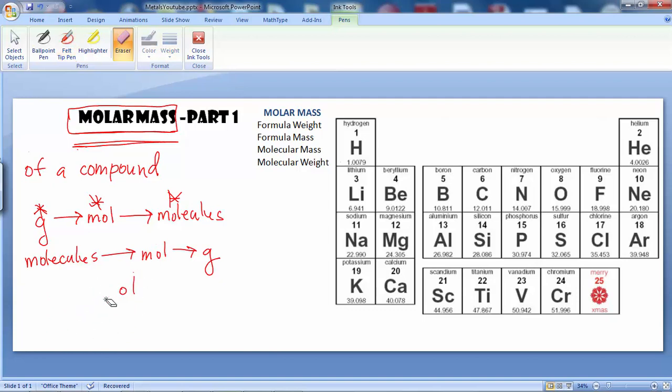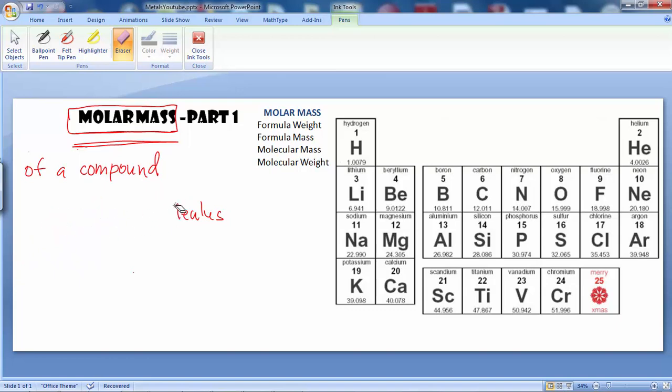I did assign homework, and this will be on your test definitely, and you will see a couple of these problems on your next quiz. So definitely get in the habit of calculating the molar mass.